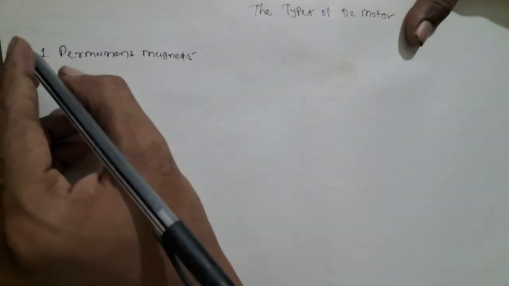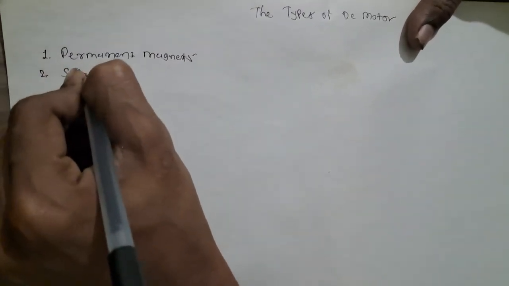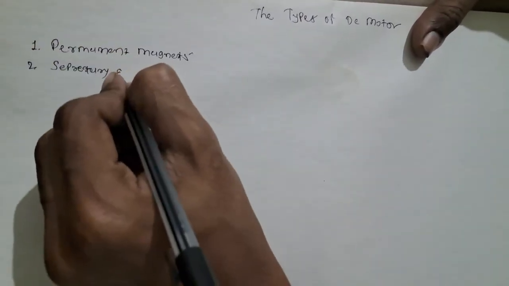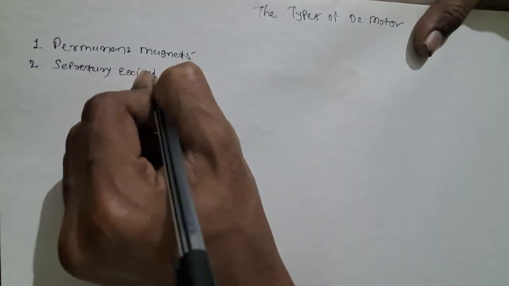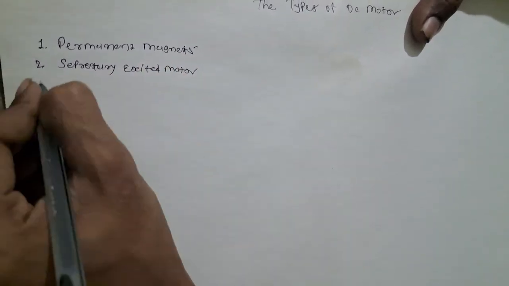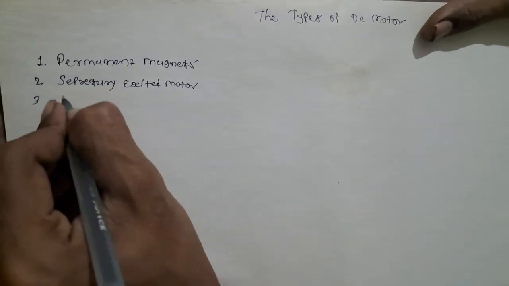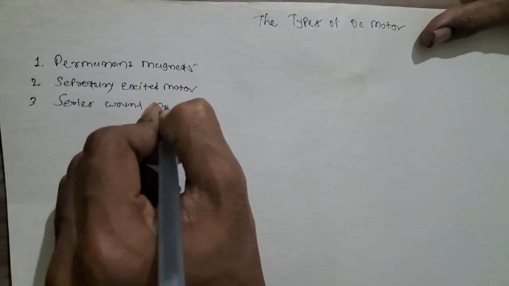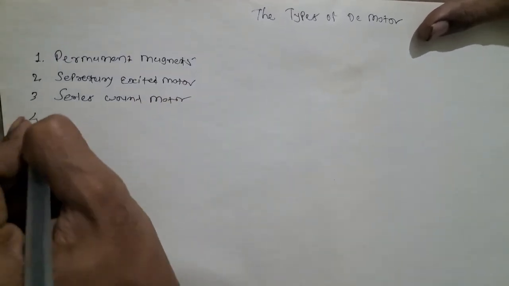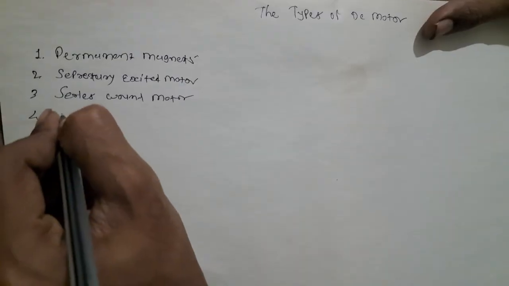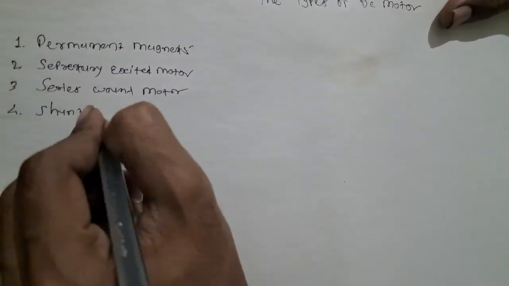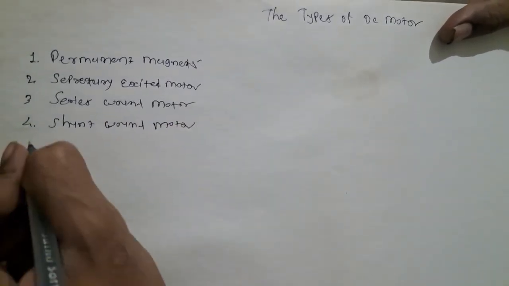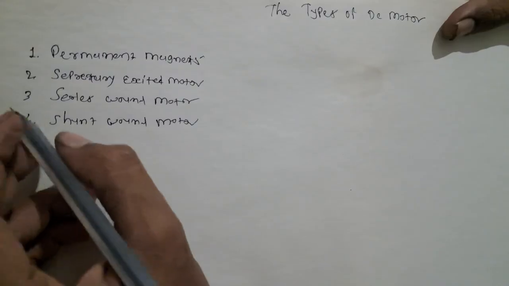Second is separately excited motor. Third is series wound motor. Fourth is shunt wound motor. And fifth is compound wound DC motor.